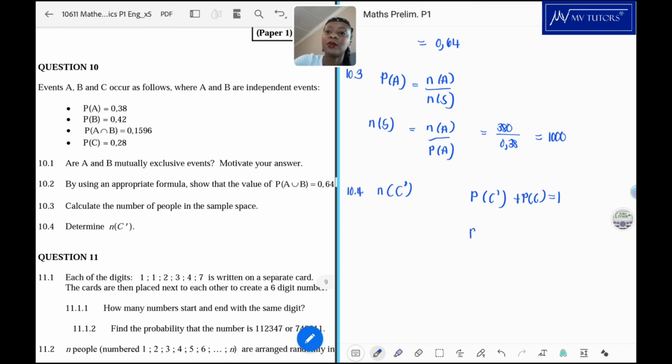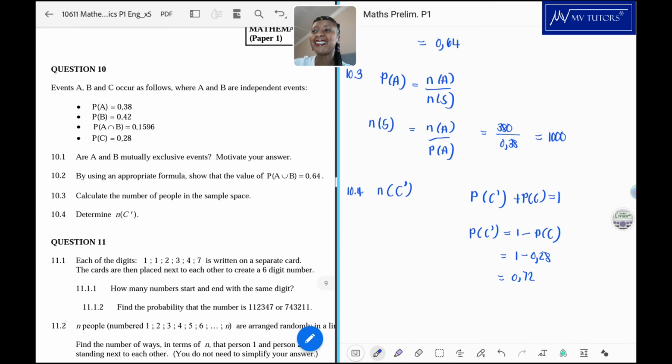So the probability of C not happening is 1 minus the probability of C. And they gave us the probability of C, which is 0.28. So 1 minus 0.28 will give us 0.72.